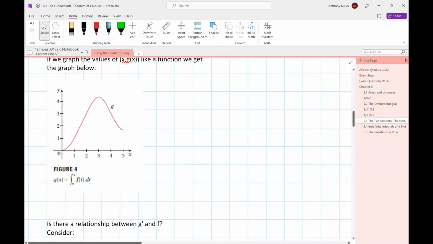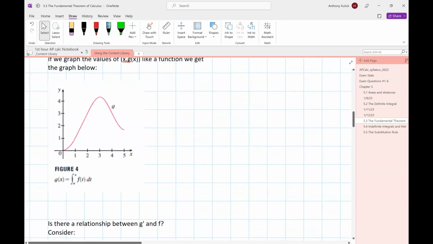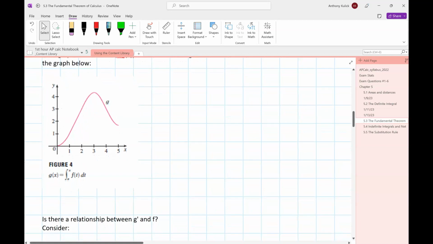There it is. So there's my function for g of x, the graph of it. Everybody's okay with this?